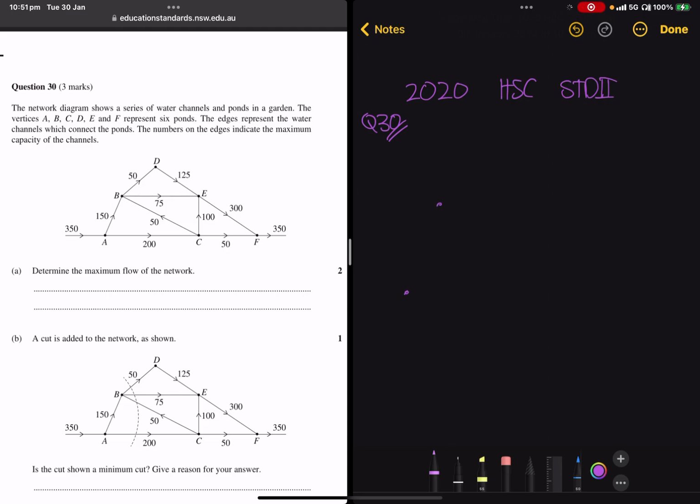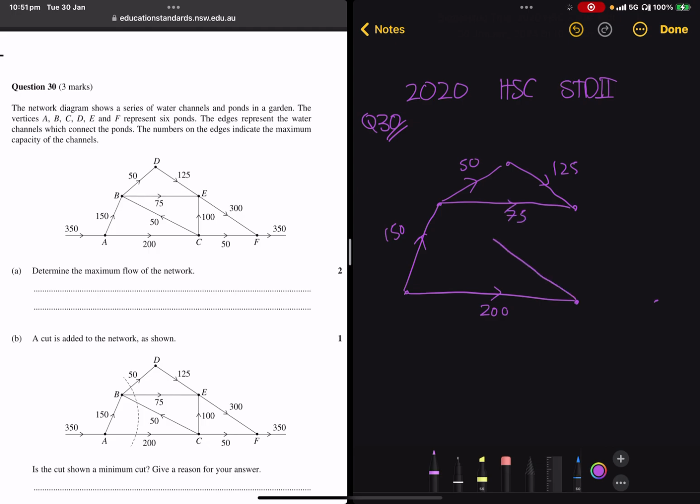So we have A, B, D, E, C, and F, and then we need to connect these. So this one is 200. This one is 150. This one is 50. This one is 125. This is 75.